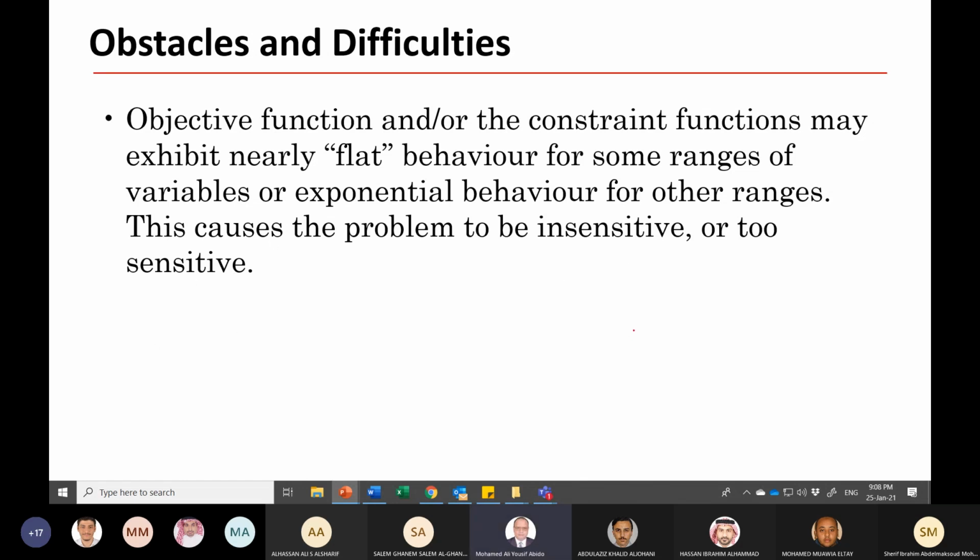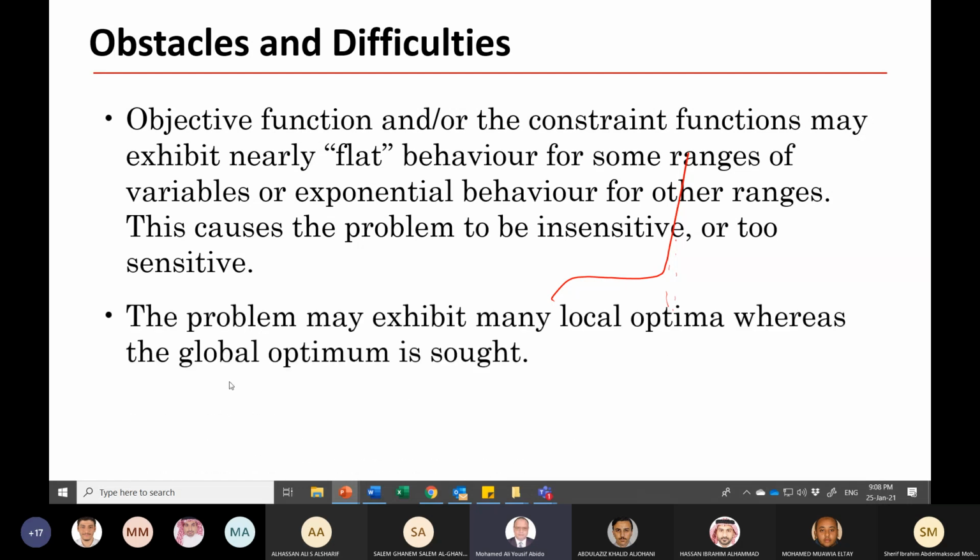If you have a very flat function, or a very abrupt change in the function, then any change in the parameter will affect it much. So in this case, the function will be too sensitive. The problem may exhibit many local optima, whereas the global optimum is sought. Of course, when we solve the optimization, we are looking for the global optimum solution.